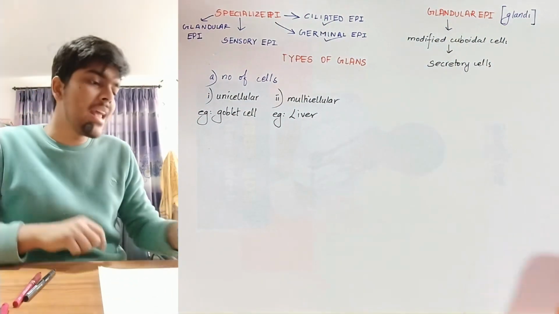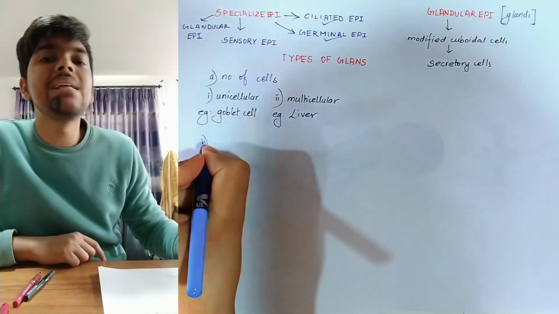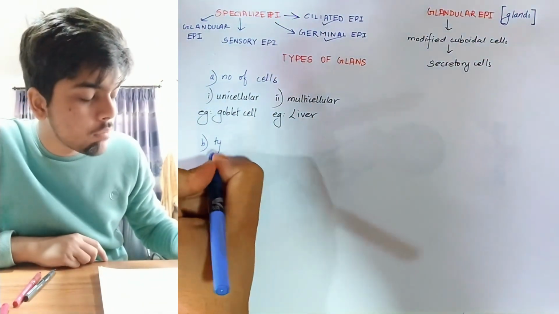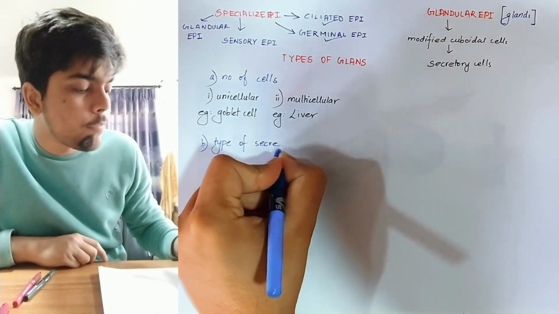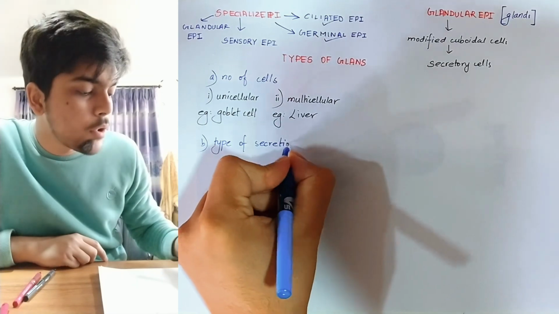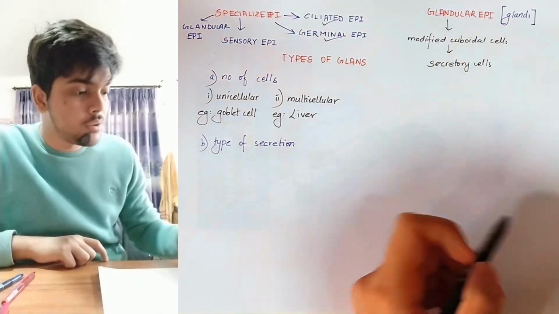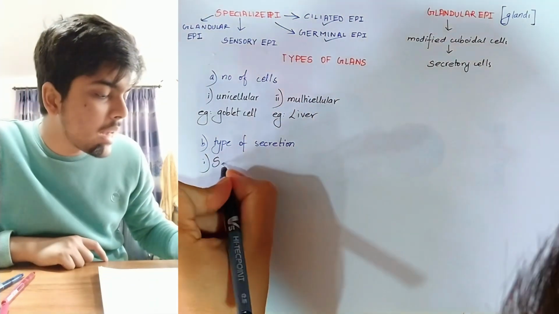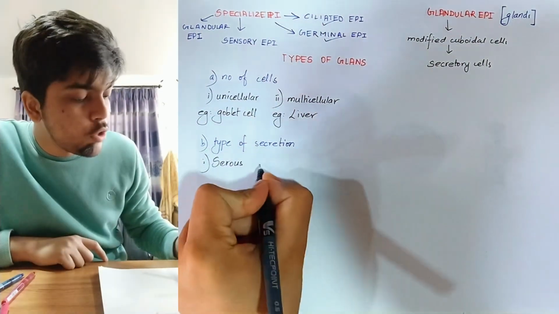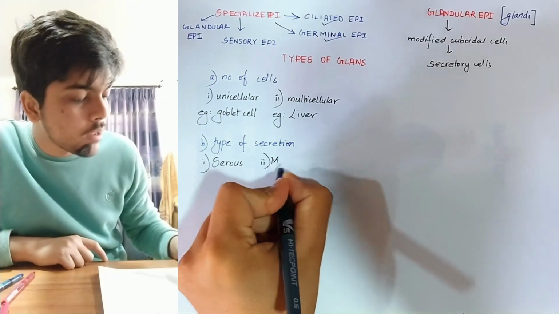Okay. Secondly, on the basis of type of secretion, that is, what type of secretion does that particular gland secrete? You have 3 types. Number 1 is your serous gland. Number 2 is your mucous gland.